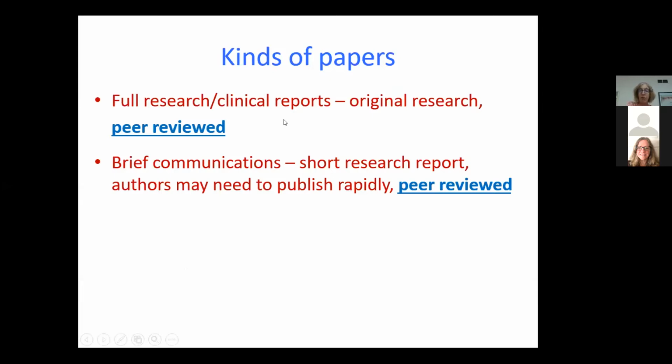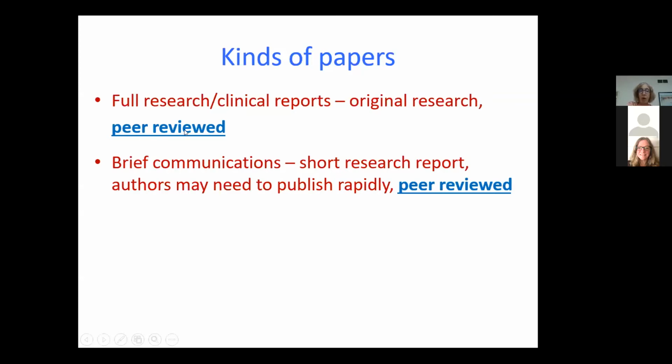These are usually fairly long, detailed articles that report a whole series of experiments and the outcomes. Then you have shorter communications or brief communications. These are usually short research reports. It may be that the authors need to get some really exciting new results out rapidly because somebody else might publish first, but they tend to be shorter articles and somewhat less complete, but nonetheless important.